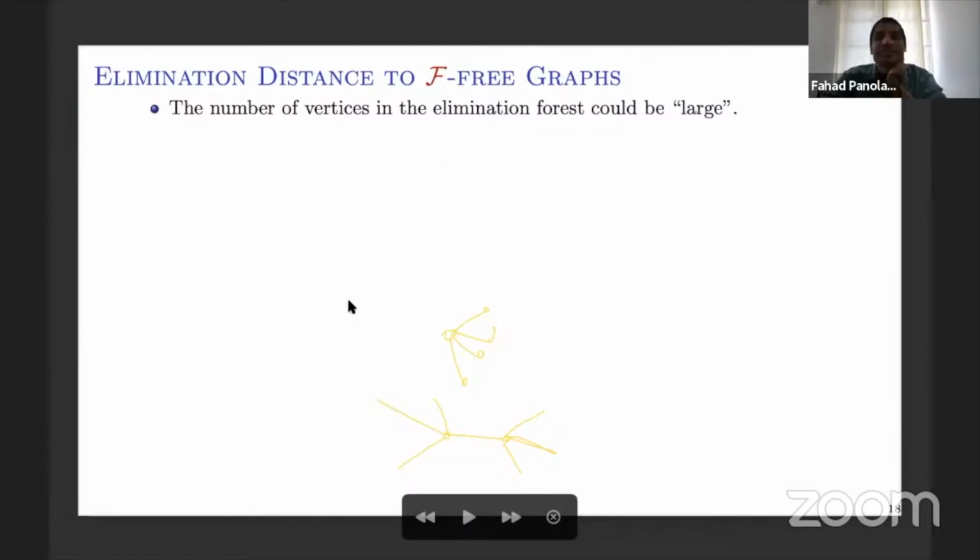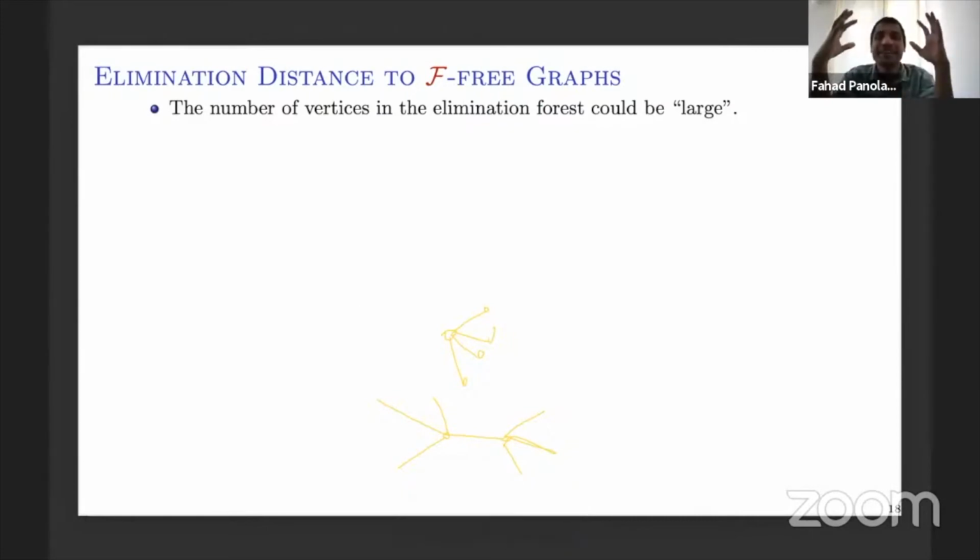Now, one of the difficulties in this problem is that the set of vertices in the elimination forest, which I delete, could be very large, but its depth is k. Depth k, but a huge number of vertices in the deletion set.